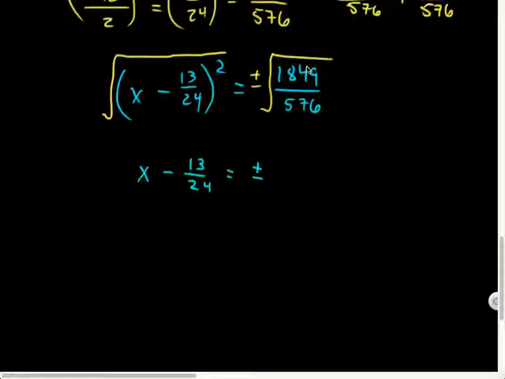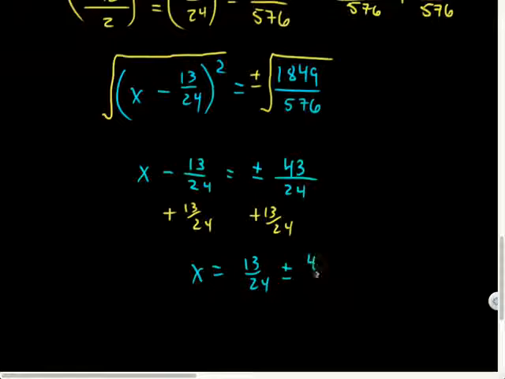You ready for this? Square root of 1849 is 43. Whoa, that was a perfect square. Square root of 576 is 24. And then add 13/24 to both sides. And I get x equals 13/24 plus or minus 43/24.